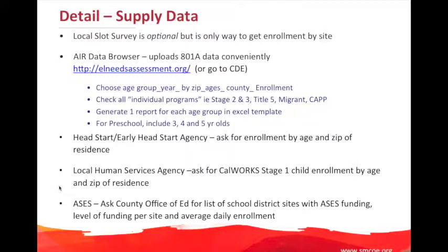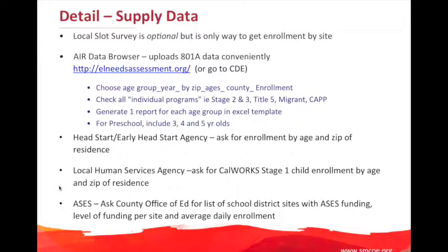So we've already talked about the local slot survey. As for the AIR data browser, in a minute we're going to go there. Your county will need to have paid your dues so that you are part of our subscription for the data browser.